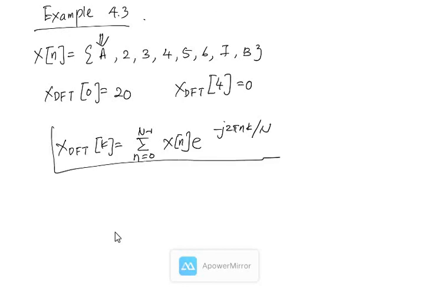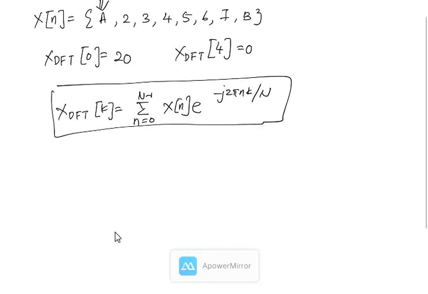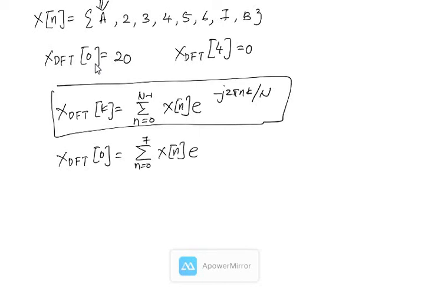So this is the formula. As given in the question, X DFT 0 equal to 20. So you have X DFT 0 equal to the summation n equal to 0 to 7 of xn exponent minus j 2 pi n, where k is 0, divided by n. So this is equivalent to summation n equal 0 to 7 of xn only.